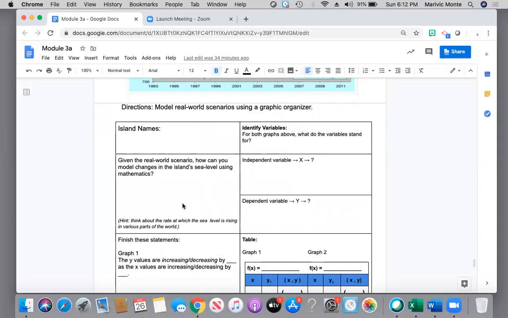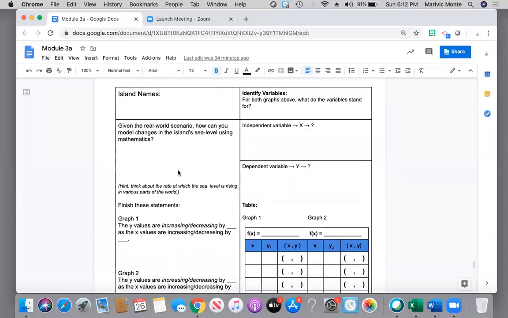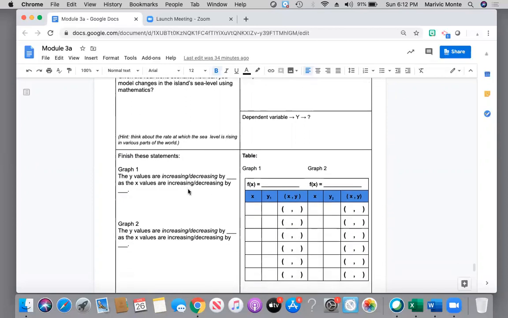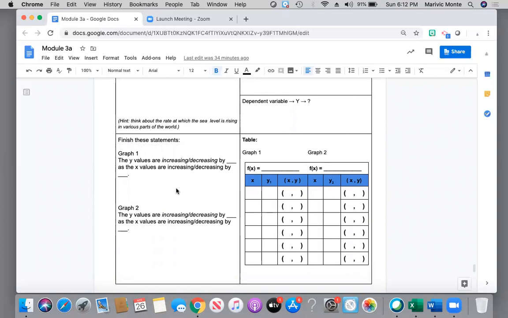And you will have to use complete sentences to answer this question. How can you model changes in the island sea level using mathematics? So what is your thinking on this question? And then you have to finish these statements here.